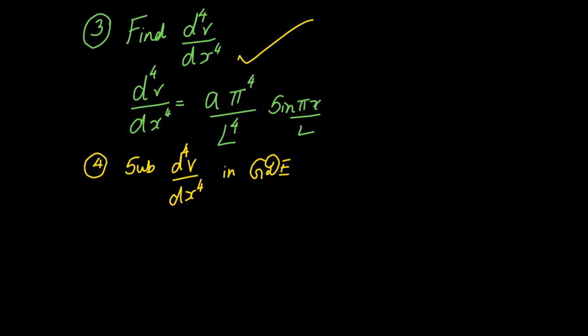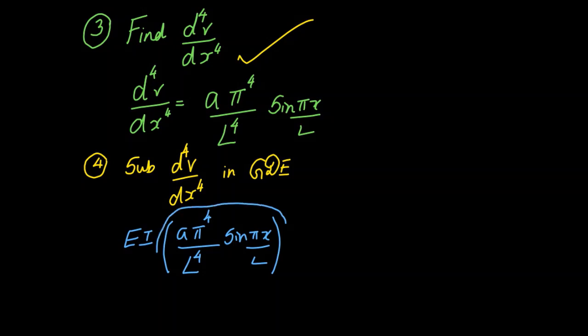If you substitute the value of d power 4 v by dx power 4, what you are going to get is EI into a into pi raised to the power 4 over L to the power 4 into sine pi x over L. So this is EI into d power 4 v by dx power 4, minus q is equal to, we should not be saying 0.